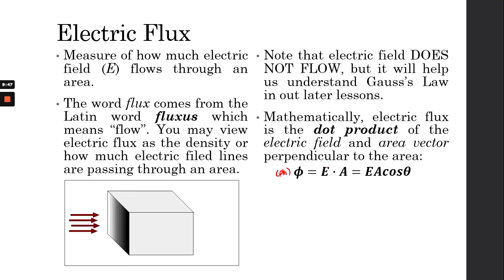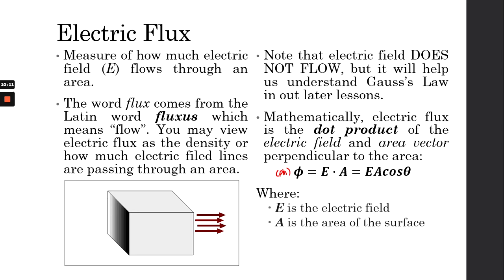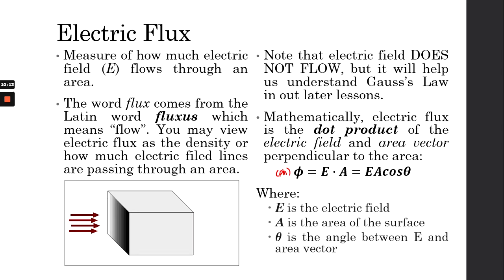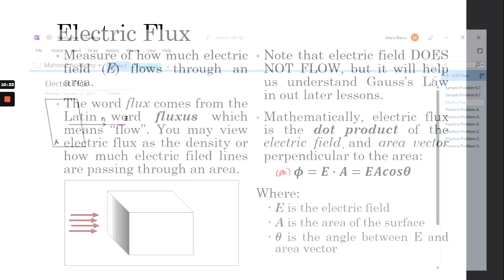Phi is equal to the electric field dot product the area vector, and it's basically a product of your electric field and your area vector times the cosine of the angle between the E and the A. Okay, wherein E is your electric field, A is your surface area, and the angle is the angle between your E and your area vector. So let's explain that much further, but before I can do that, let's move on to notes.